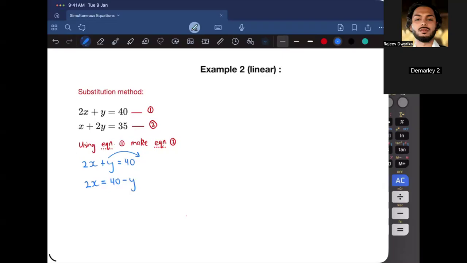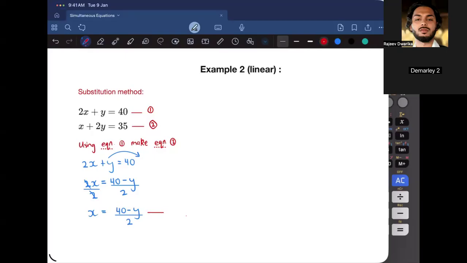And I have 2x. I want to find 1x. How would I find 1x? Divide. Yeah, I would have to divide both sides by 2. x would be equal to 40 minus y over 2, and that is equation 3.